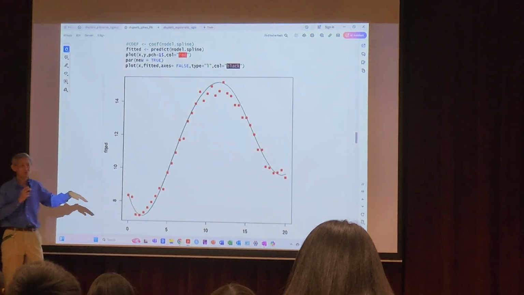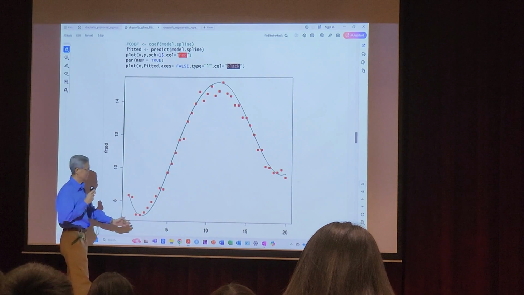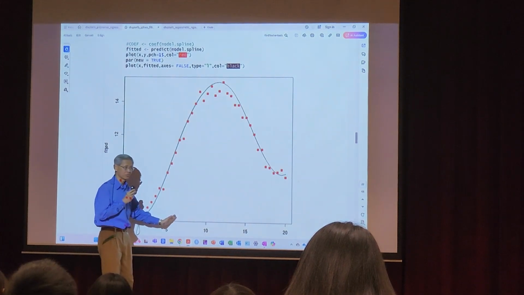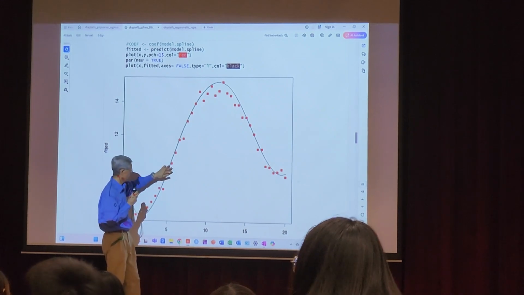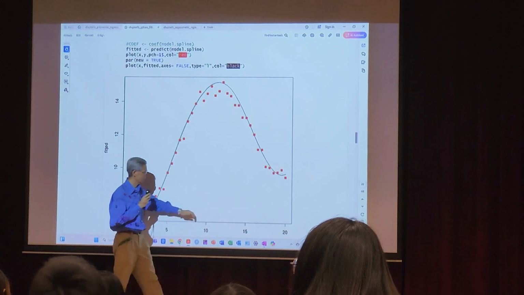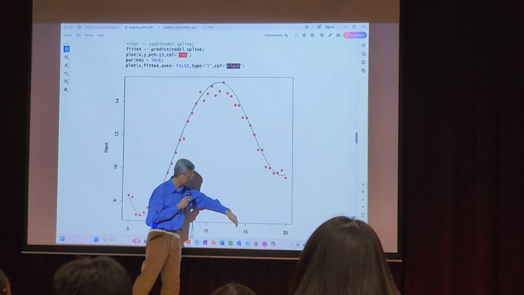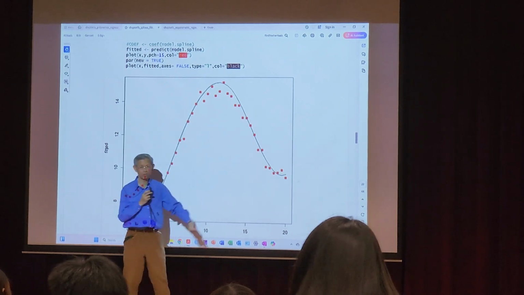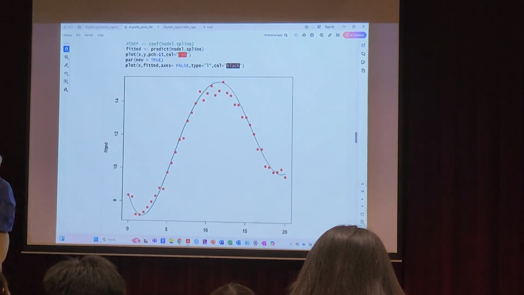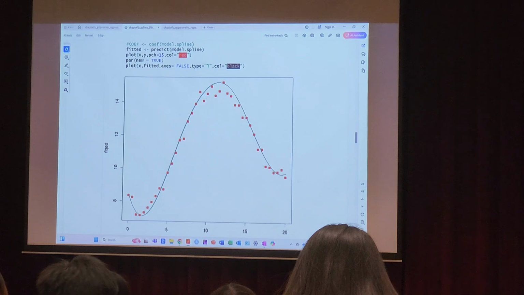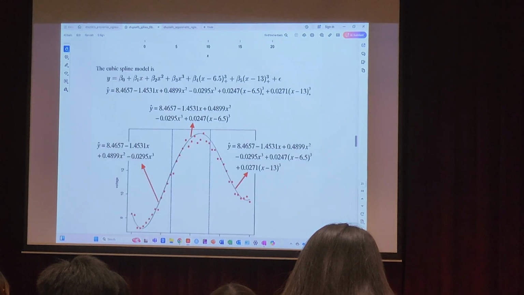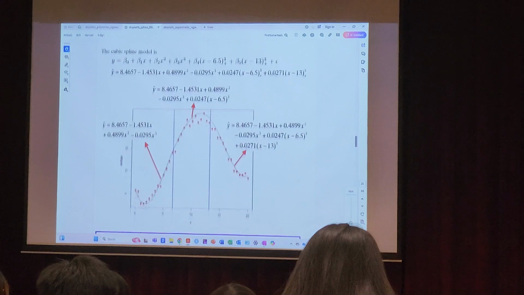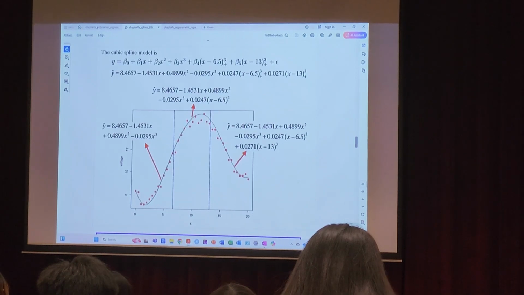It looks like just one cubic model, but actually it comprises 3 cubic models. One for less than 6.5, another one in between 6.5 to 13, and then beyond. So it's a combination of 3 cubic models. The next slide will show you clearly what I mean.